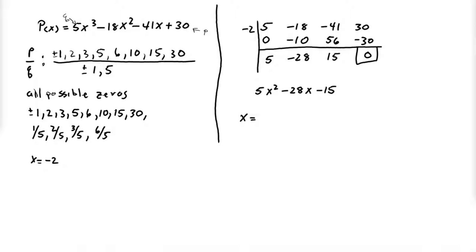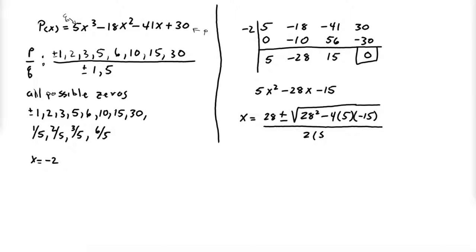So x is going to equal -b, so that's going to be 28, plus or minus the square root of 28 squared minus 4 times 5 times negative 15, all over 2 times 5.